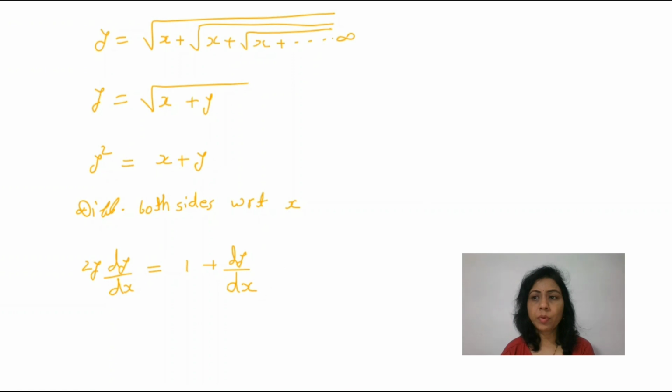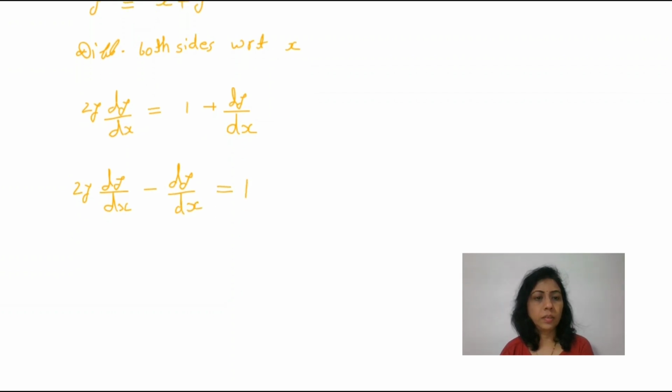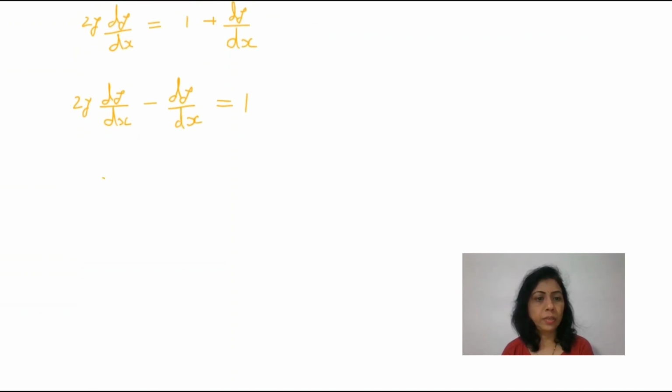All dy upon dx terms shift to the left side, so 2y dy upon dx minus dy upon dx is equal to 1. Now we can take dy upon dx common, so we get dy upon dx times 2y minus 1 is equal to 1.